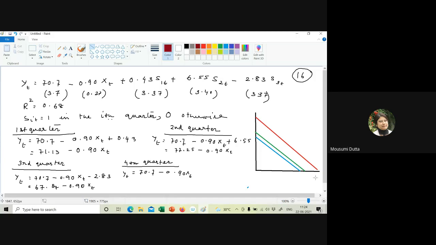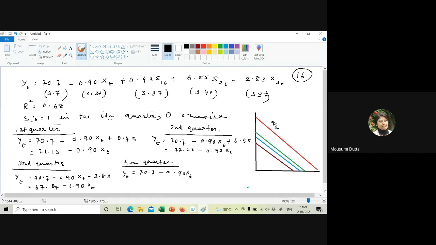And this is followed by the third. So the red one is the second quarter.